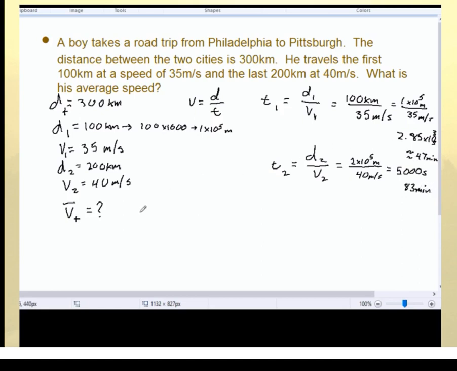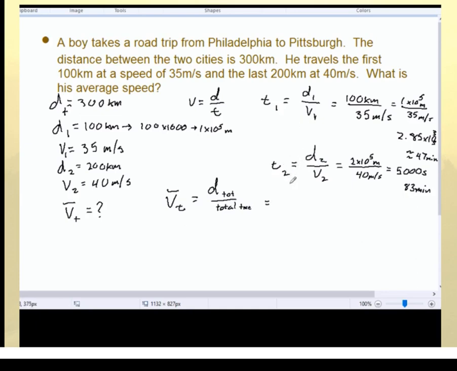Okay, now they asked for the total time, or the average velocity, I mean. The total average velocity would be the total distance divided by the total time. Well, I figured out time 1 and time 2, so I have that now.